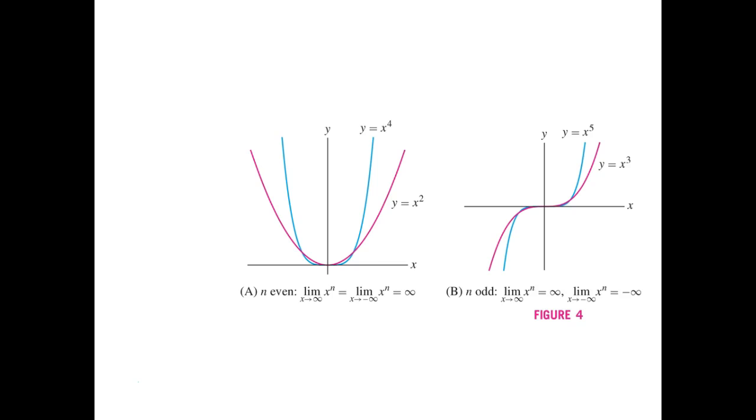Okay? So really it doesn't matter what the n is, as long as it's odd, the limit is x to the n for odd n. As x goes to positive infinity, it does go to positive infinity, but if it goes to negative infinity, the x to the n goes to negative infinity as well.